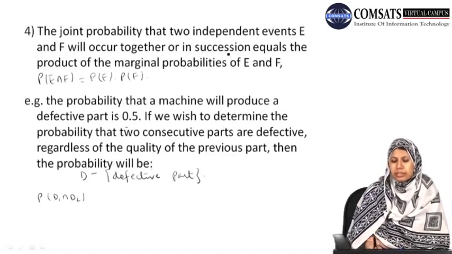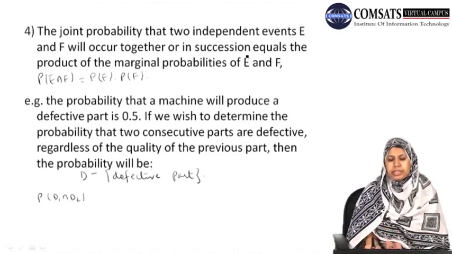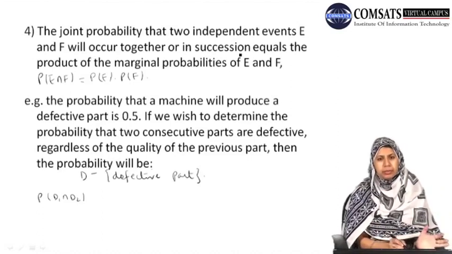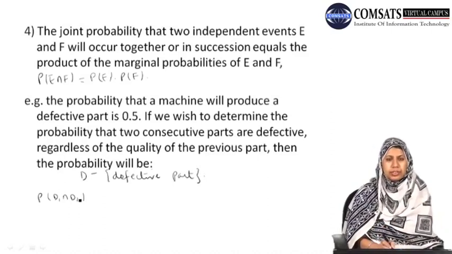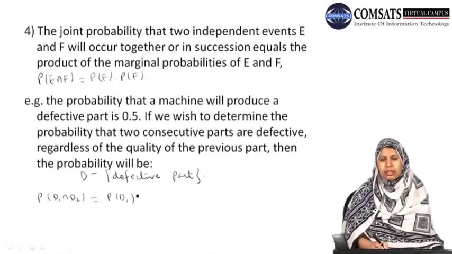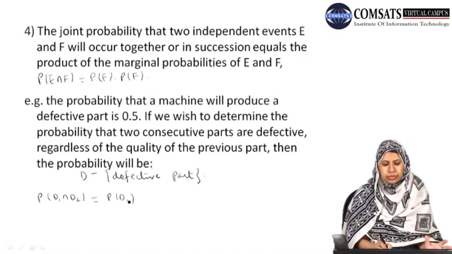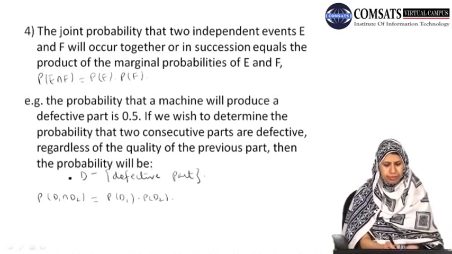This is an example of independent events in succession, which means this equals the probability that the first part is defective times the probability that the second part is defective.